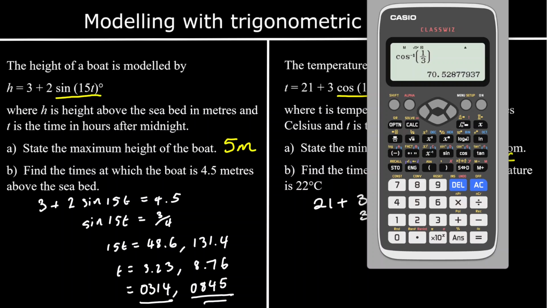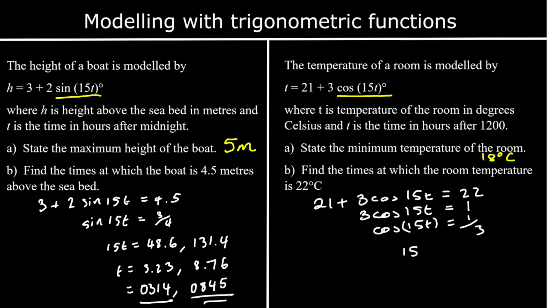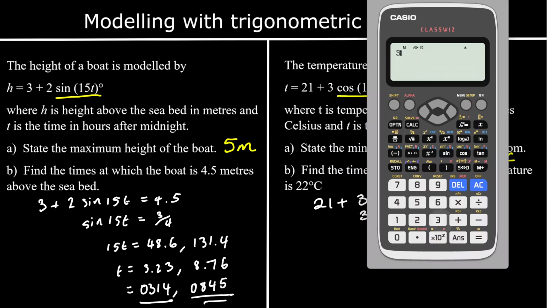We get 70.5 as our first answer, and it's cos, so the second answer is 360 take away the first answer, which is 289.5.